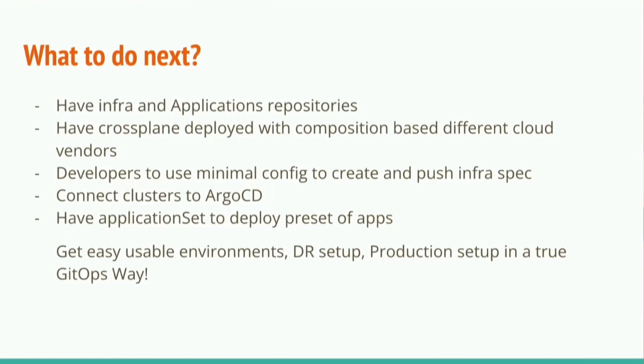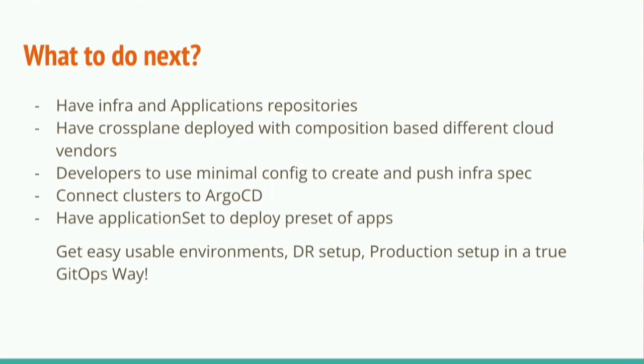So what to do next? Have an infrastructure and applications repository, have Crossplane deployed with compositions for different cloud vendors, let developers use minimal config to create and push infra specifications, and connect clusters to Argo CD. After that, have applications set to deploy a preset of apps, and get easily usable environments, DR setup, and production setup in a true GitOps way.